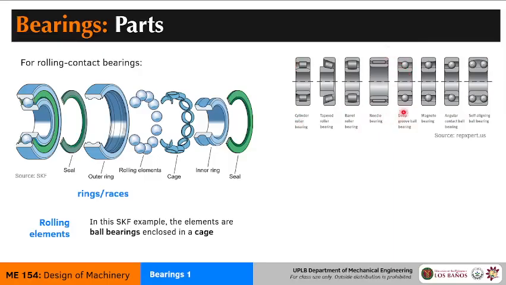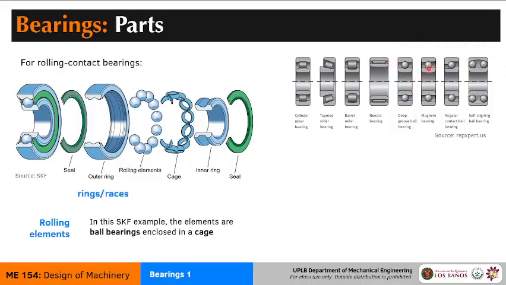Okay, so what's the actual difference? Aside from the optics of these two, do they perform differently? The answer is yes. They do perform differently. So let's start with the ball bearing.